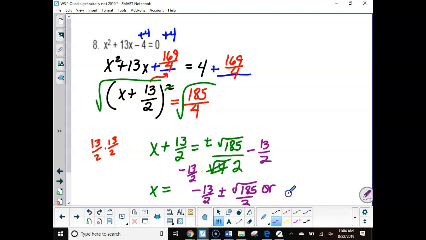You could actually write it as negative 13 plus or minus the square root of 185, and it's all divided by 2. But I'm good with leaving it as 2 separate fractions.